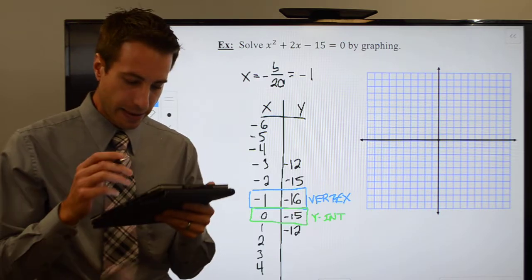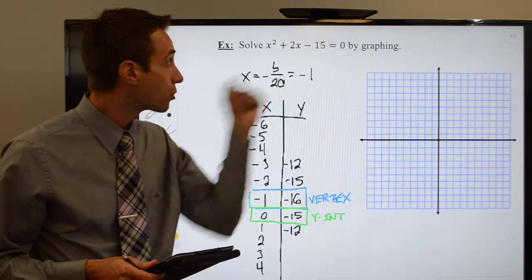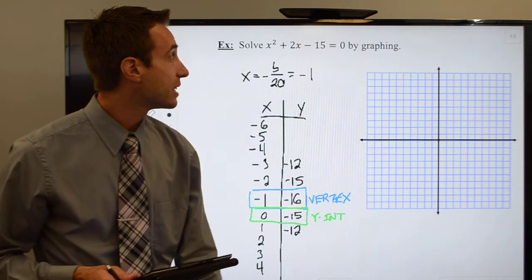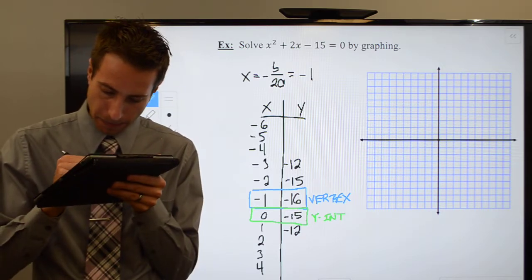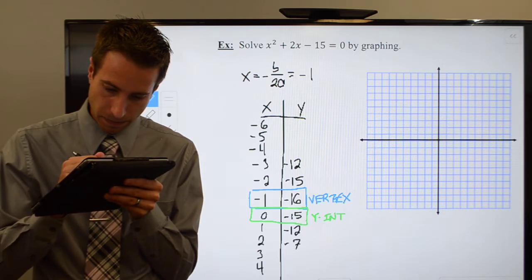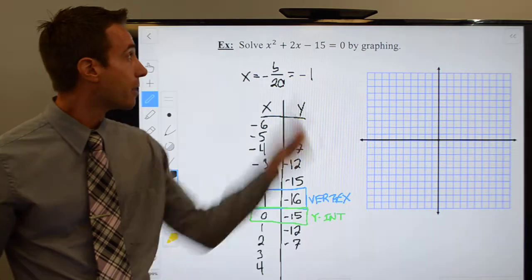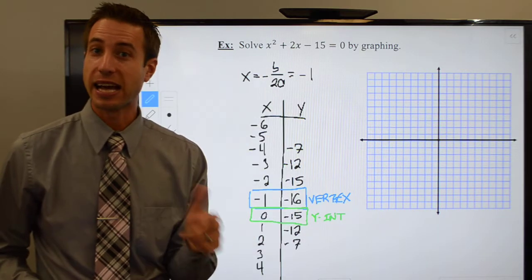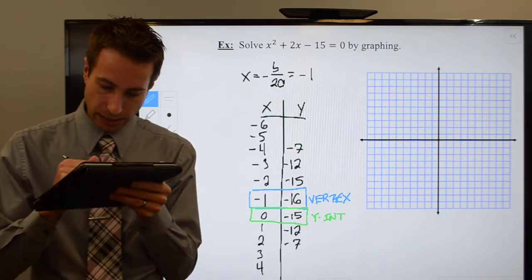You plug 2 in, and 2 squared would be 4. 2 times 2 would also be a 4, which would give me 8. 8 minus 15 should be a minus 7. Okay, plug in 3. 3 squared is 9. 2 times 3 would be 6. 9 and 6 would be 15. 15 minus 15 would be 0.